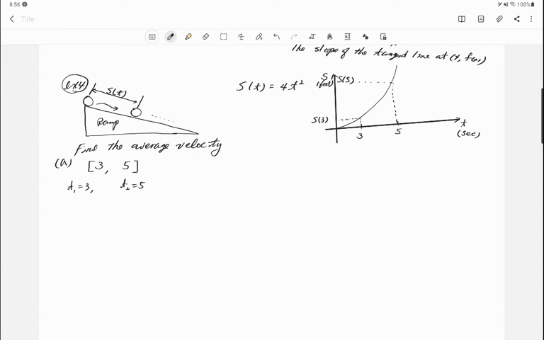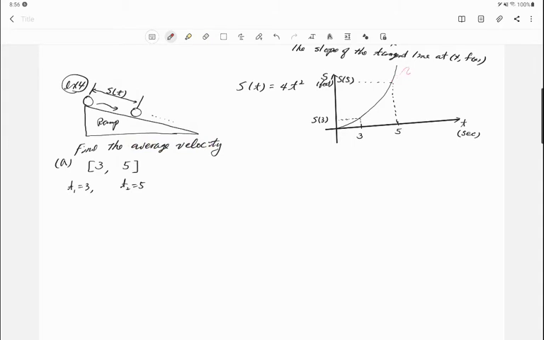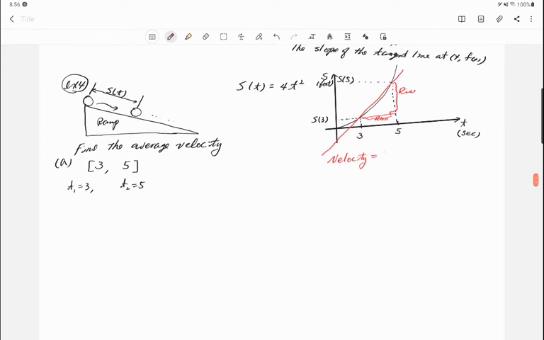Actually, the speed is the distance over time, that's the slope. Draw this line. The horizontal distance is the run, and this one is the rise. So that is the slope, the velocity. In this case, the velocity is rise over run.